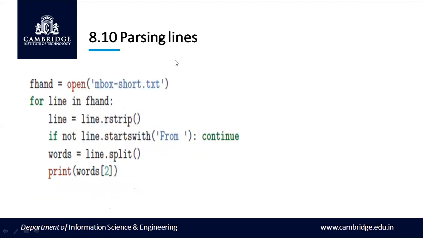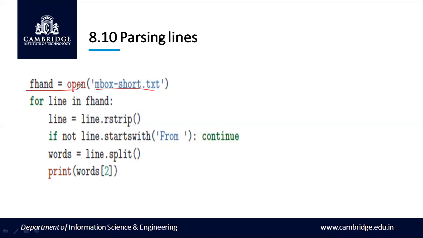Next is parsing lines, which is very important. If you want to count the number of words appearing in a paragraph, then you can parse the lines using the list. Here we have mbox-short. Previously also we have used this text file. It contains the Romeo and Juliet poem.